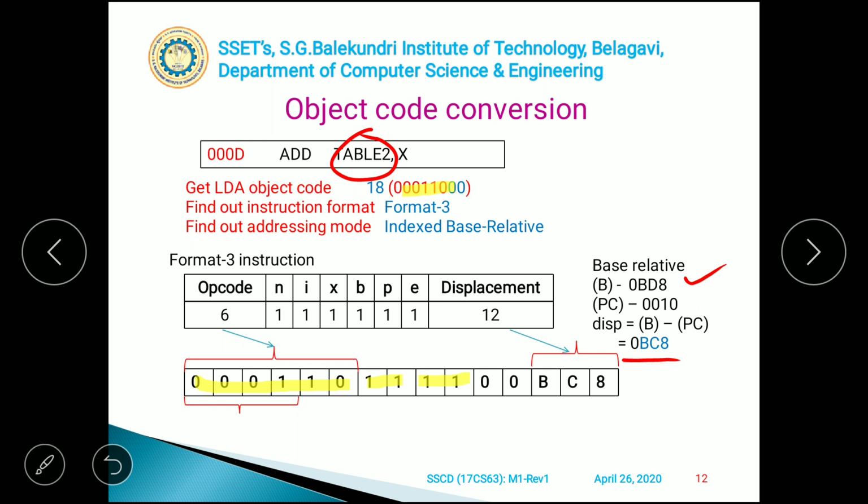These two are set, and then the displacement BC8 is given here. Now when you combine the 4 bits together, you will get the opcode like this. Altogether it will be 1BCBC8, and hence the exact object code for this TABLE2 will be 1BCBC8.